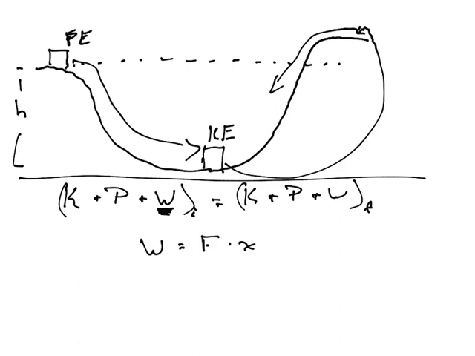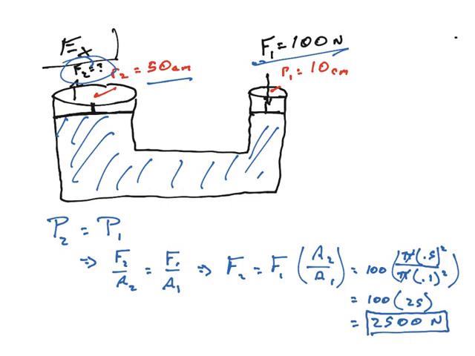Well, if that's true, let's look back at what's going on over here. Yes, by applying a small force to the right side, I get a large force on the left, but what would have to be true for everything to work out is not that the force is balanced, the work balances. So for the work to balance, I have to say that work 1 must be the same as work 2.